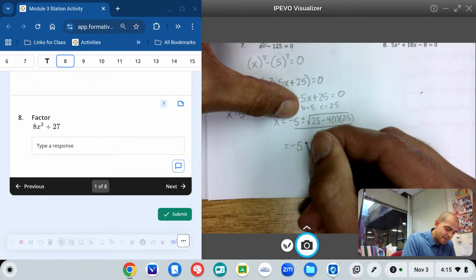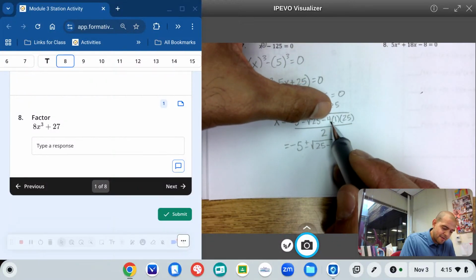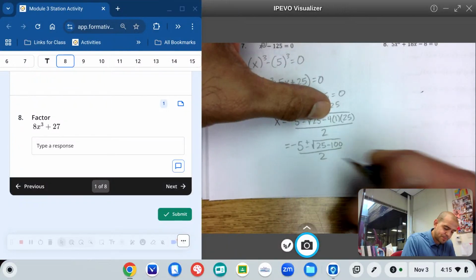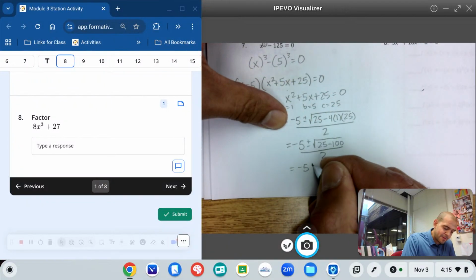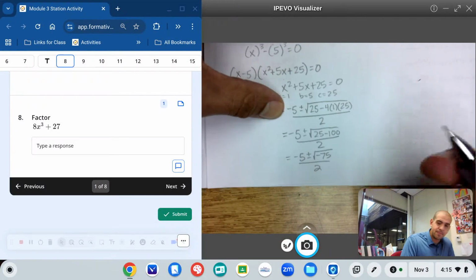Negative 5 plus or minus the square root of 25 minus 4 times 25, which is 100, all over 2. Negative 5 plus or minus the square root of negative 75 all over 2.